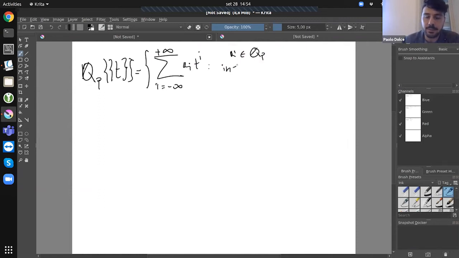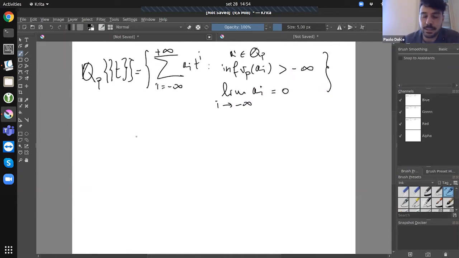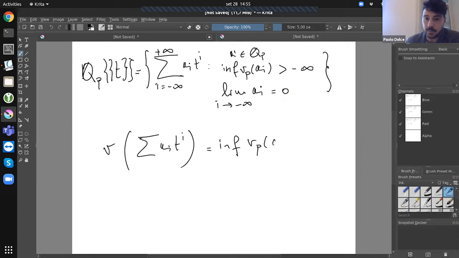Then the infimum of the valuations of the coefficients is a well-defined number. And the limit, when the index goes to minus infinity, of the coefficients is 0. Okay, this is a field, and you can prove this is a field. Then you have a valuation, which is easy to define. The valuation of a power series, which is again infinite, is just the infimum of the p-adic valuations of the coefficients, and this number is well defined, of course.